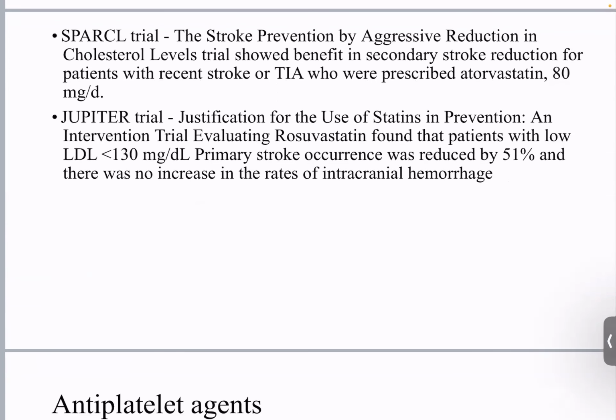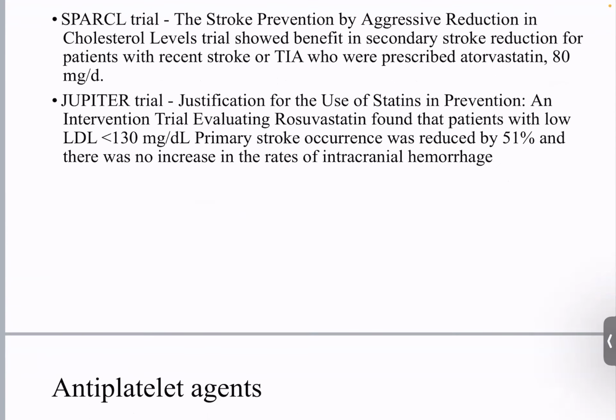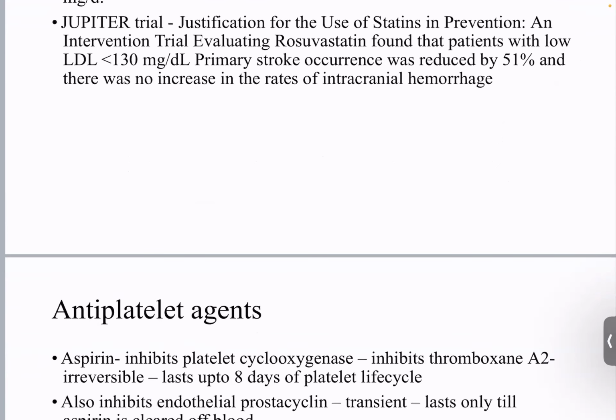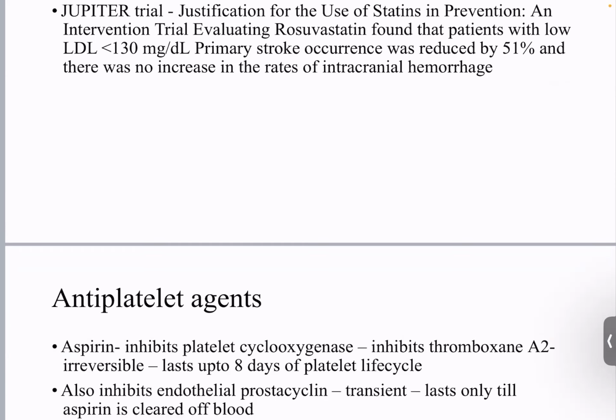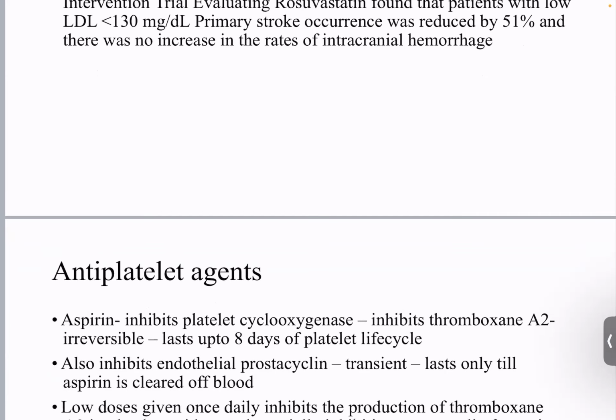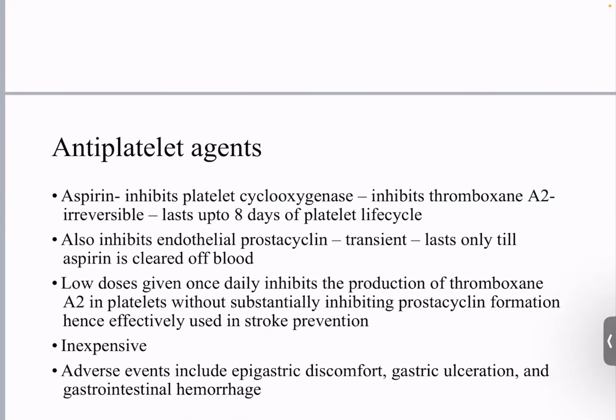Again, the SPARCL trial deals with the dyslipidemia part, that is, aggressive reduction of cholesterol levels, which again reduces the incidence of stroke. And the JUPITER trial, again, is another study on the use of statins in prevention of stroke. Again, it got good results in reducing the incidence of stroke.